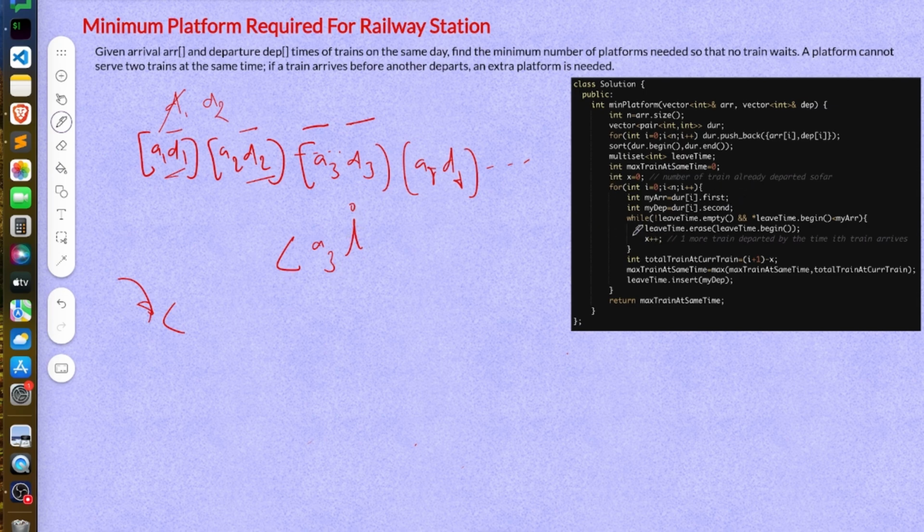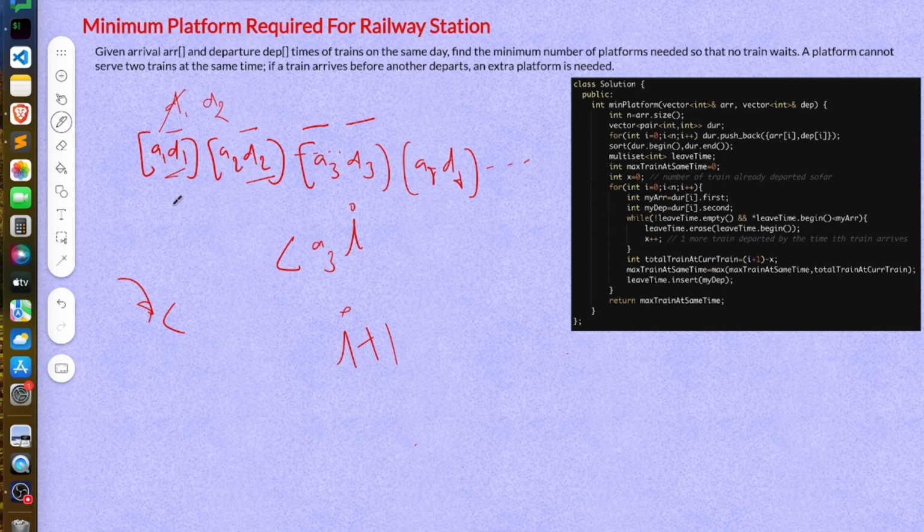Each time you remove one, just increment x plus plus, because x is the number of trains that have already departed so far, right? Whenever a train departs, just do x plus plus, because now one more train has departed by the time the ith train arrives. Now as discussed, by the time I come, how many trains have arrived so far? i plus 1, right?